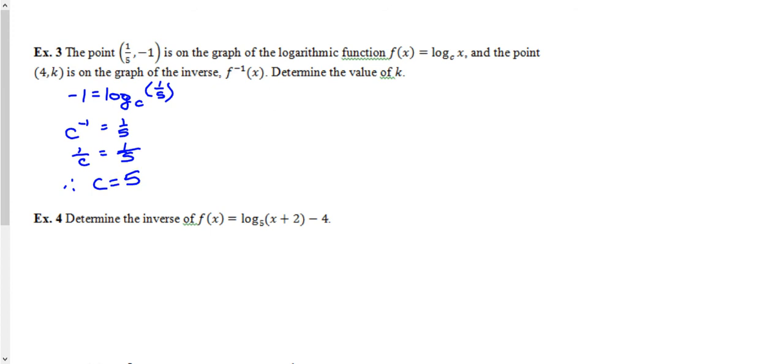So I'm going to rewrite my equation. So my equation is y equals log base c of x, by the way, which I'm filling in. So this is now y equals log base 5 of x. And if it says that it's the inverse, I'm going to switch these around. So this is now x equals 5^y.